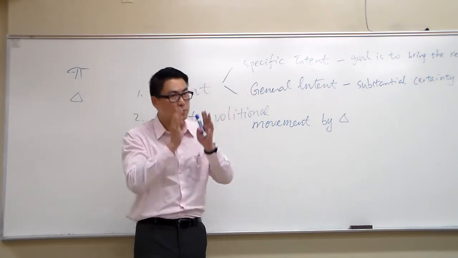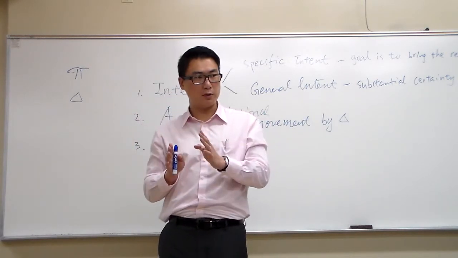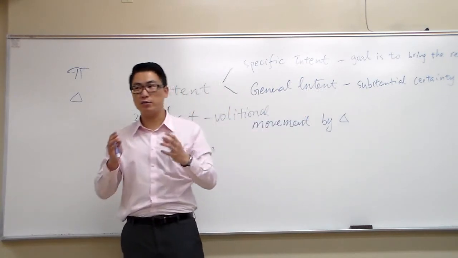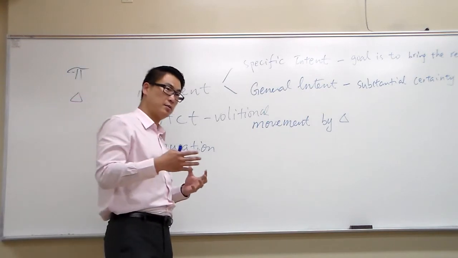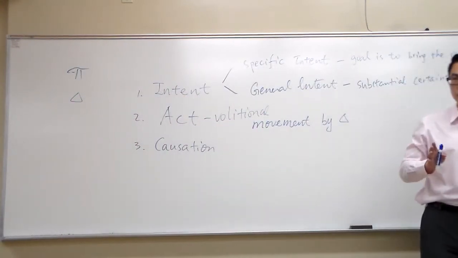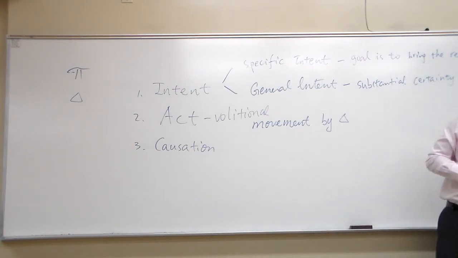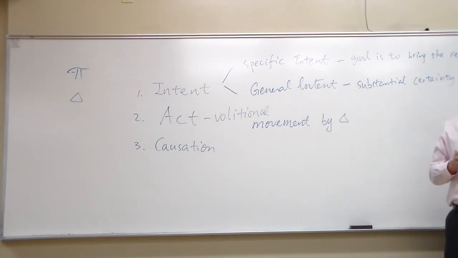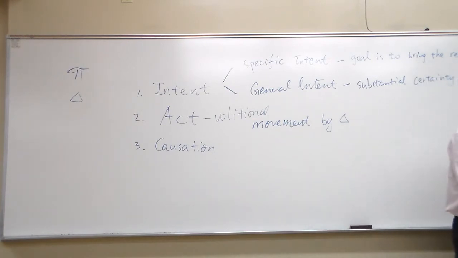Now, do you have a very specific intent for that person to be hurt? You probably don't. But there's a substantial certainty that some injury will occur. And that is general intent. Okay? So there's a difference between specific intent and general intent. Any questions? Okay. No worries, take your time. All right.